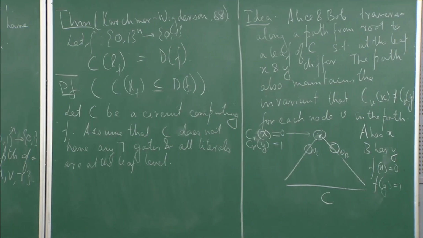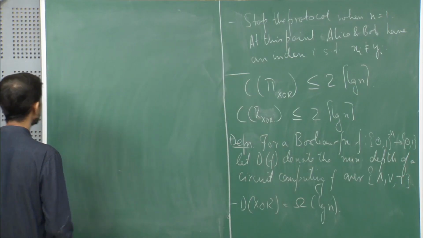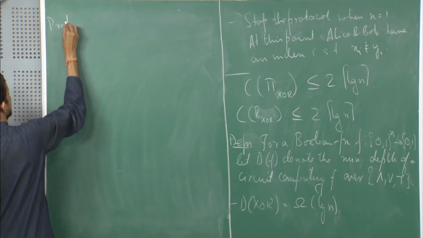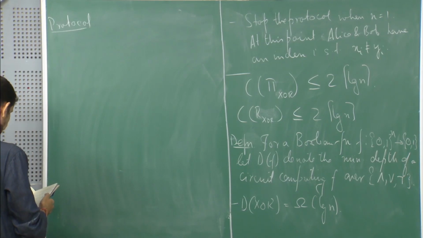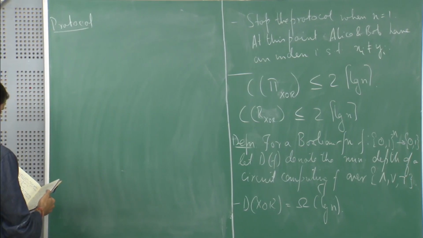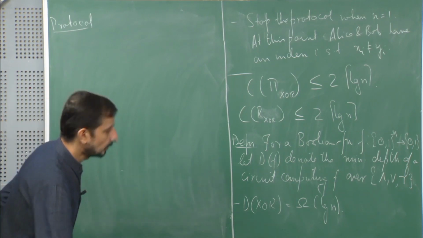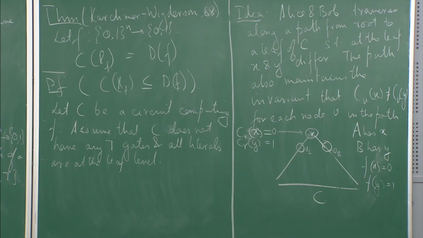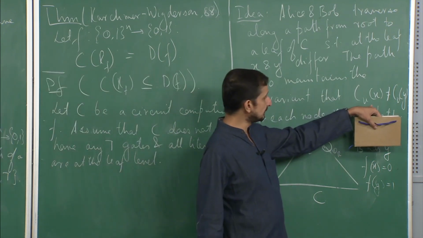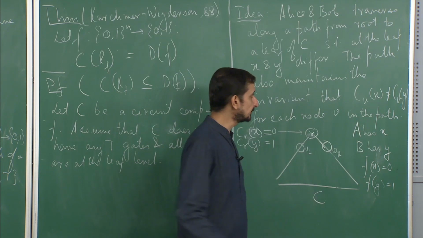So let me write the protocol. Let me just correct this a little bit, because the invariant that we maintain is, well, this is true, this is of course not false, but we actually maintain something stronger.